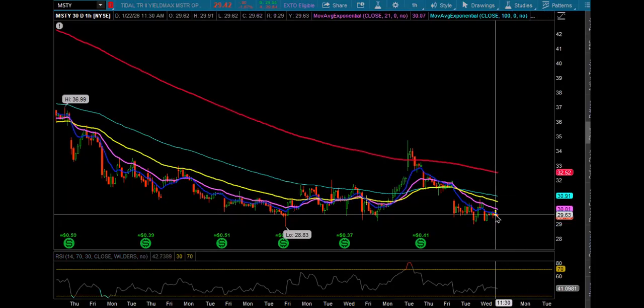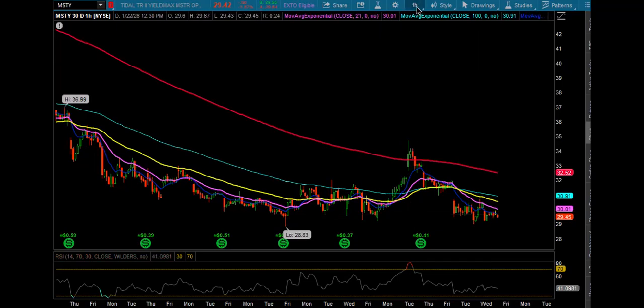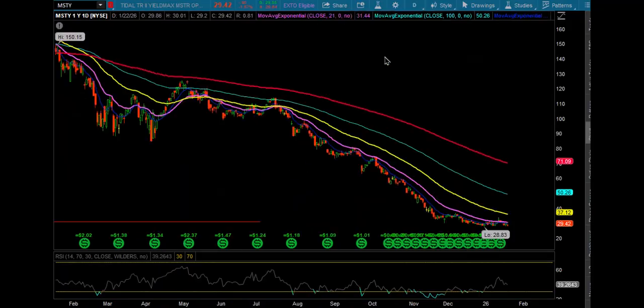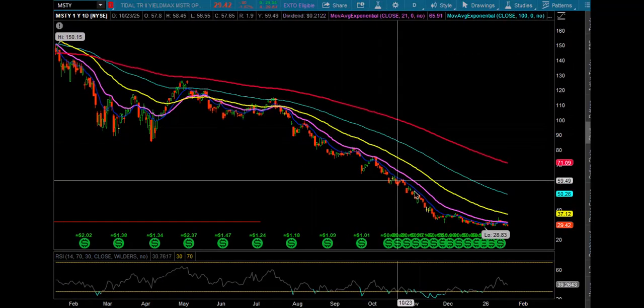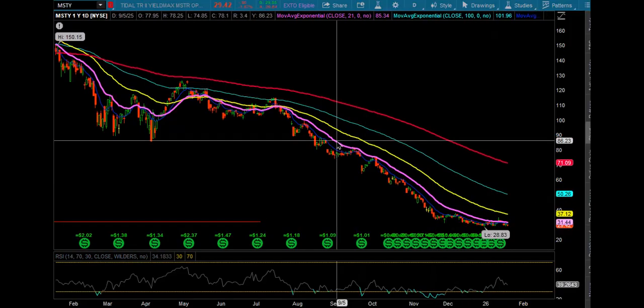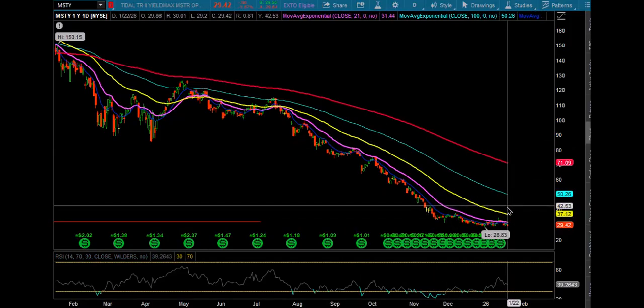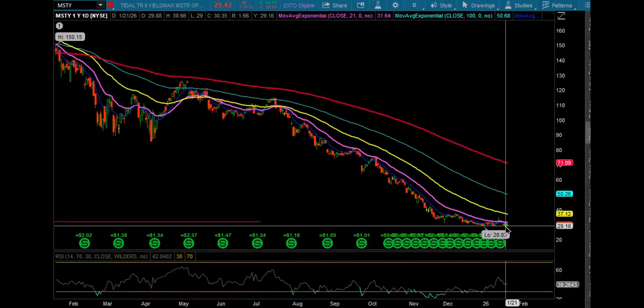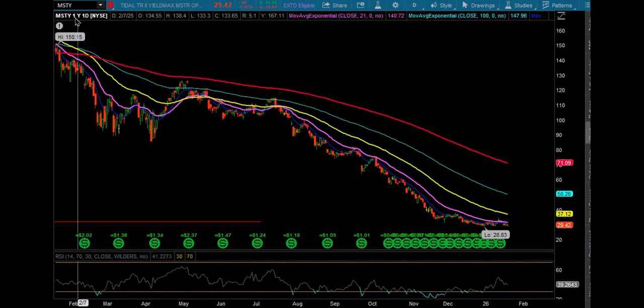And if it stays here, technical analysis, because this is technical analysis, not fundamental analysis, it has been beaten down here accordingly as the MSTR stock dropped and consolidated here. Any uptick in the Bitcoin results in an uptick in MSTR as well as in MSTY on a daily basis.